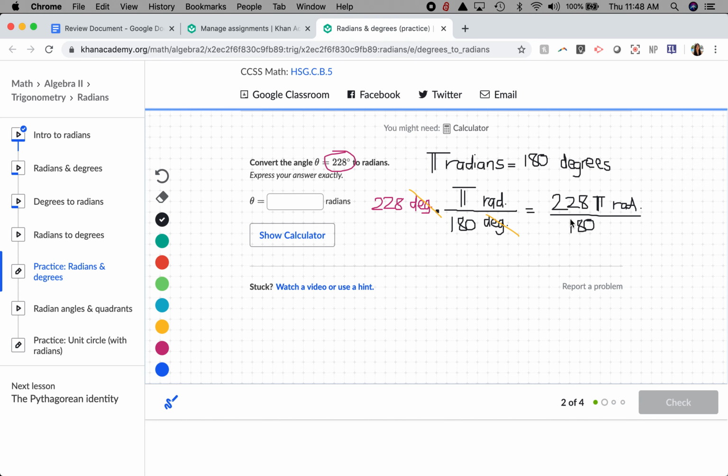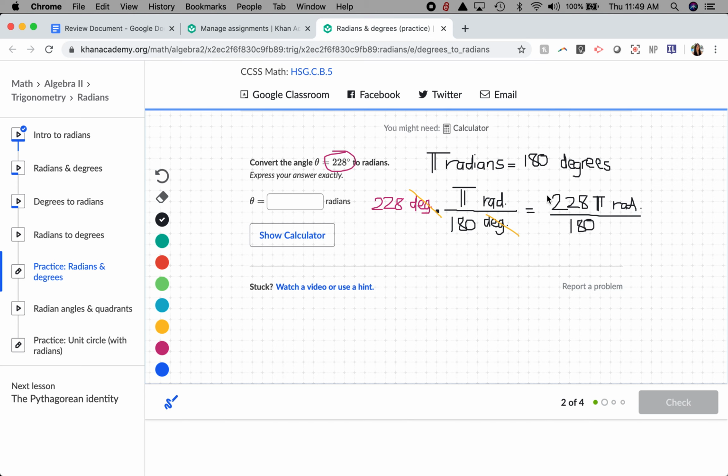Now what can we do instead? Well, a really good practice is to find the greatest common factor between the two numbers. The greatest common factor in this case will be 4. Okay, so let's divide each number by 4.